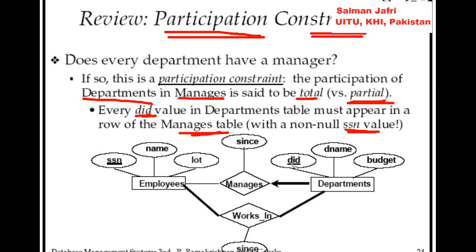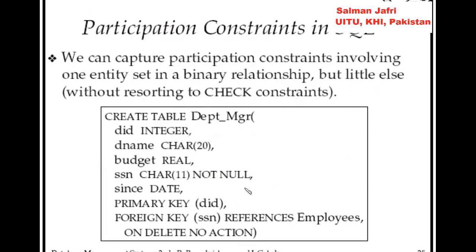Since every department has a manager, every DID would be included in a row of the managers table, and corresponding to each row there must be a non-null SSN value that would indicate the SSN of the manager. So that is the idea. That is something that we discussed previously also.